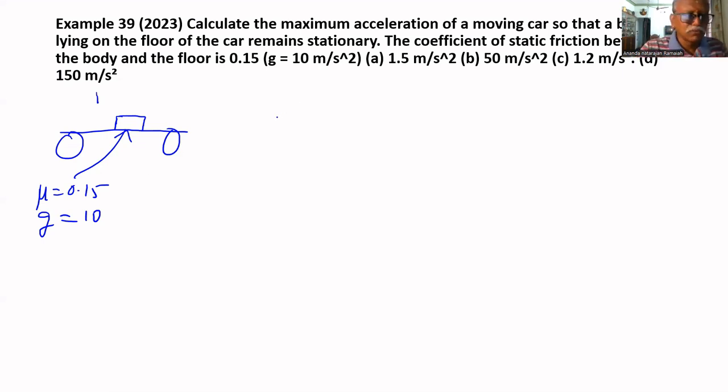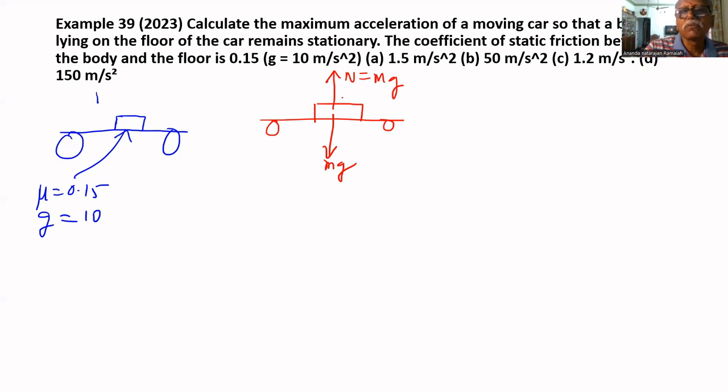So here we have to write what are the forces acting on the mass. Downward, mg is acting. Normal force N is also equal to mg, both must be equal. Let us assume that the car is moving towards the right.